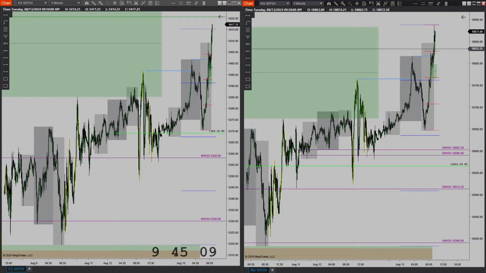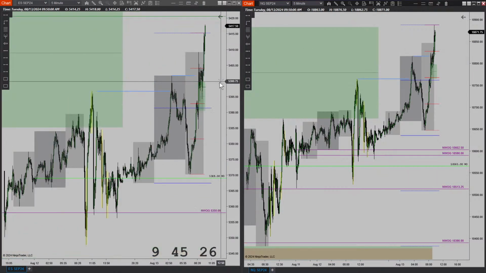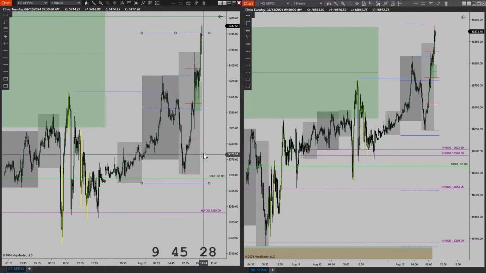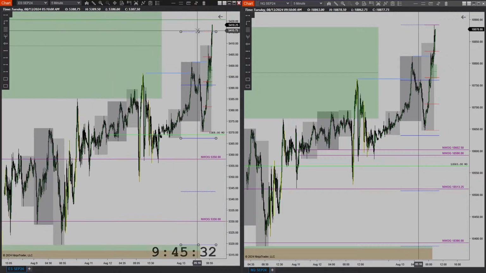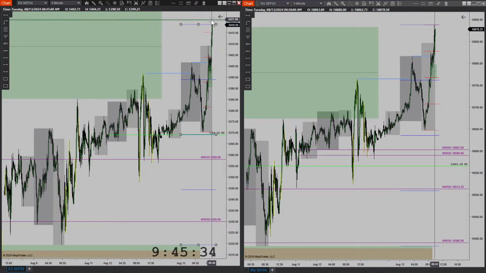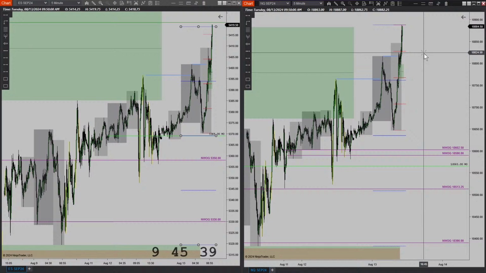And we're about to hit equilibrium on the daily, right, on the daily gap, on the daily dealing range on ES. Which is right here. And Q continues to draw higher.